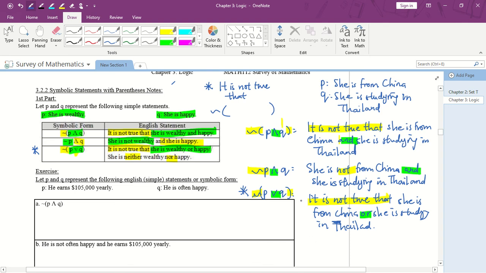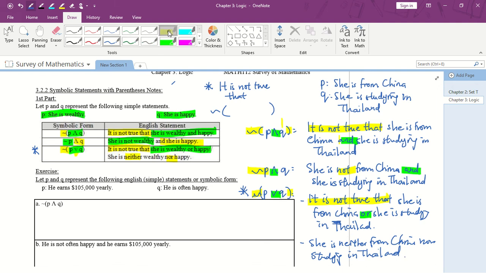So in this case, I also can write it as she is neither from China nor studying in Thailand. It means that she's not from China and she's not studying in Thailand. So it is exactly the same meaning as it is not true that she is from China or she is studying in Thailand. Okay, so just keep this idea in your mind, and don't get confused when you are writing or answering questions.